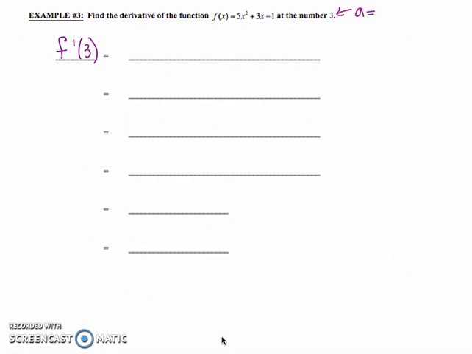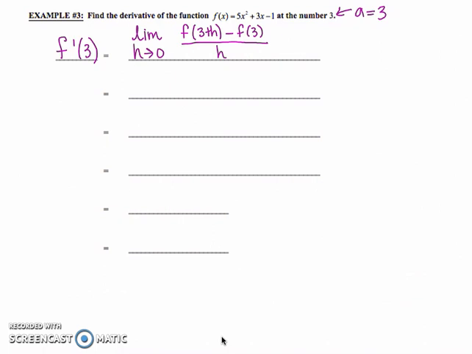Okay, so a is 3. All right, so let's just begin with our definition. We know that this is going to be equal to the limit as h approaches 0 of f of 3 plus h, or h plus 3, minus f of 3 all divided by h.